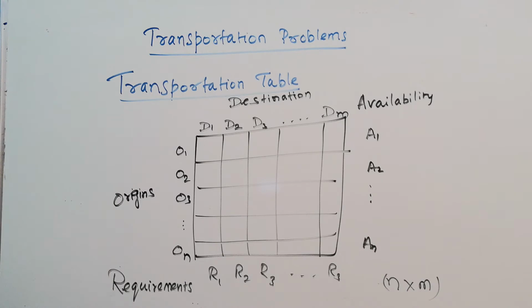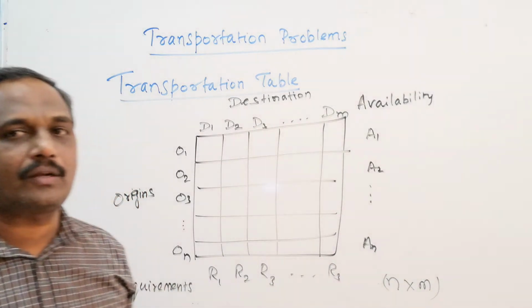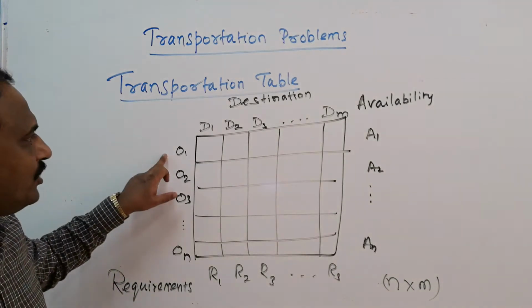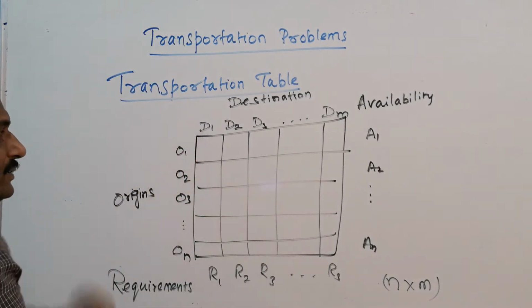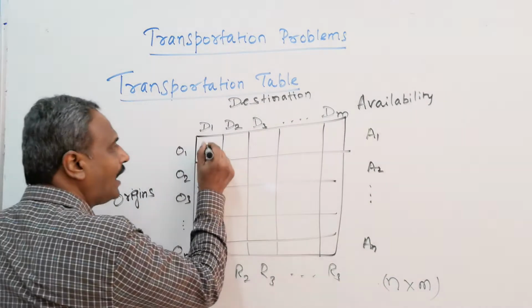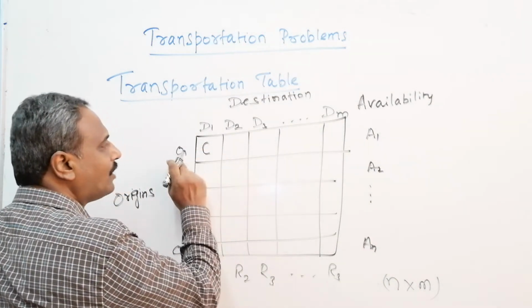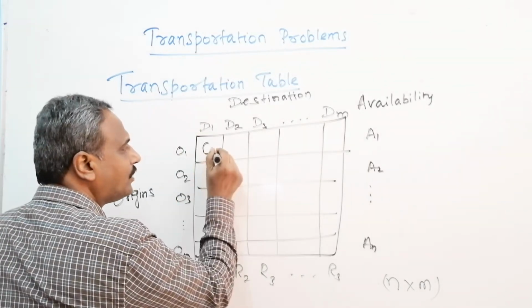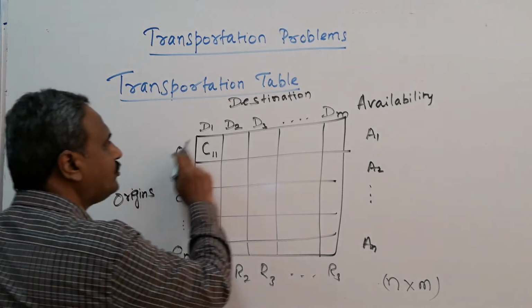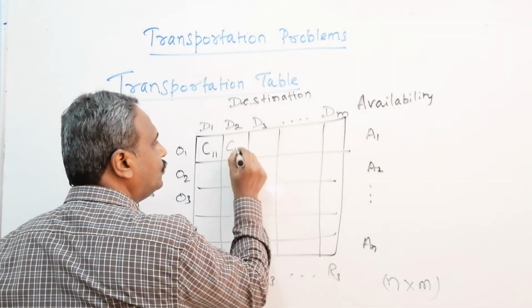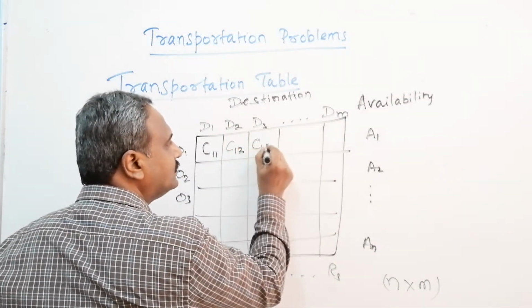Here, we are going to define the transportation cost from the origin to the destination. For example, I define the cost from origin 1 to destination 1 as C11, from origin 1 to destination 2 as C12, then C13.